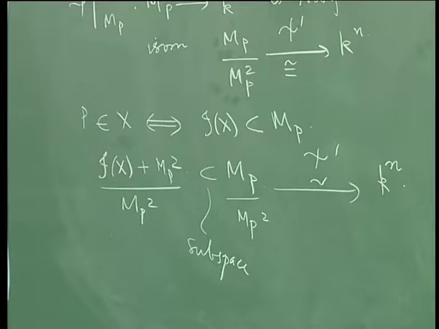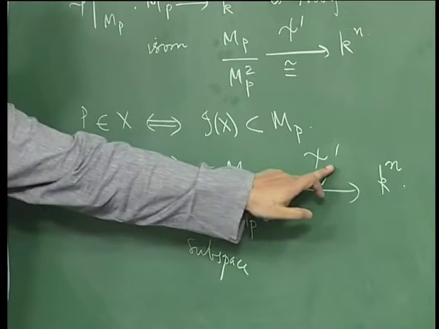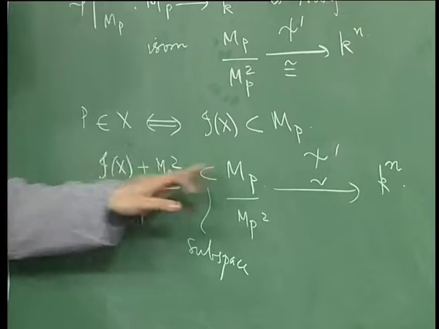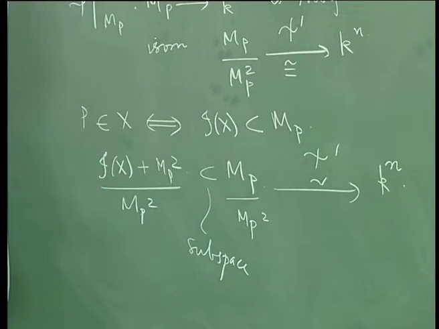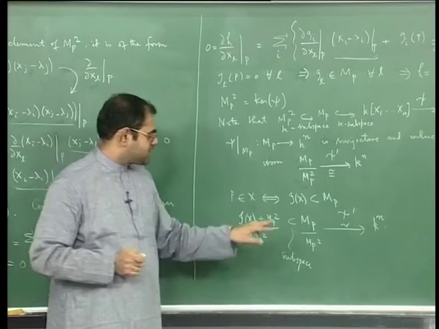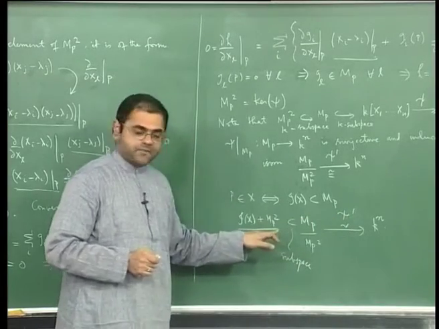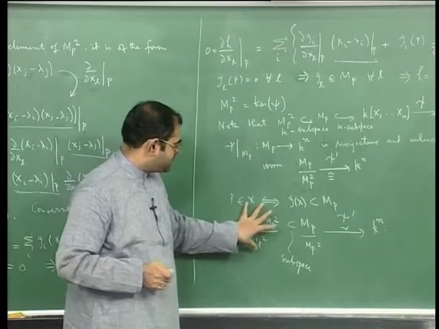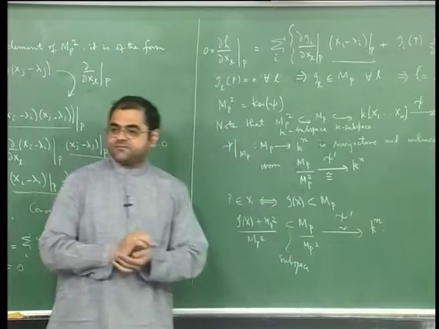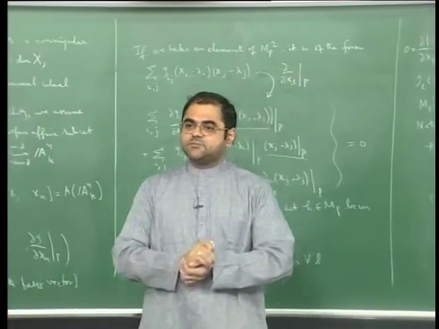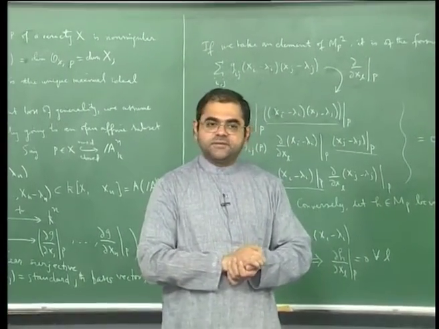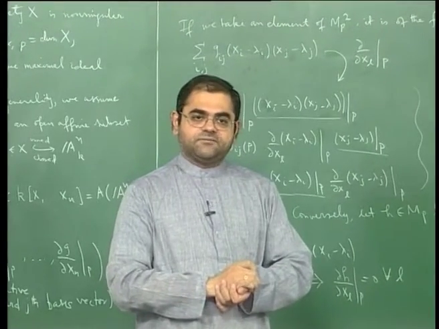And the beautiful thing is if I take the image of this under psi prime, what is the dimension? Of course psi prime is an isomorphism and this is a subspace, so the image of this subspace under psi prime will be a subspace of K^n. What is the dimension of the image of a linear map?